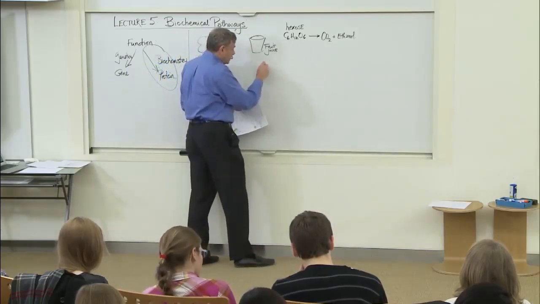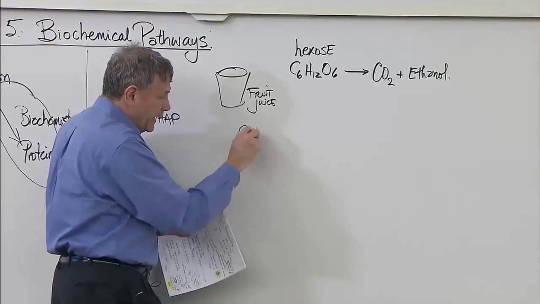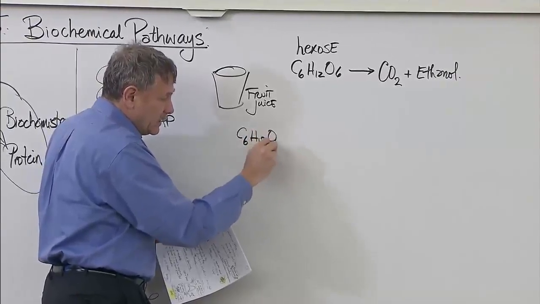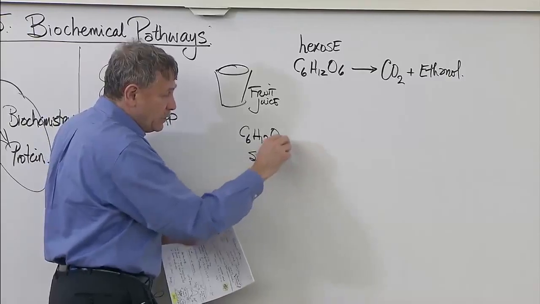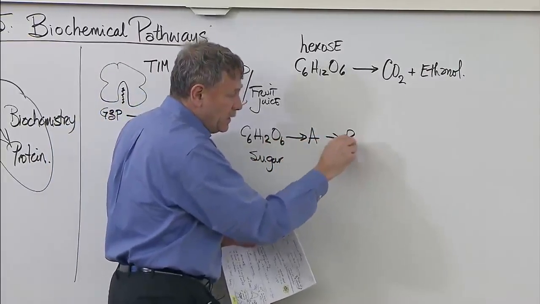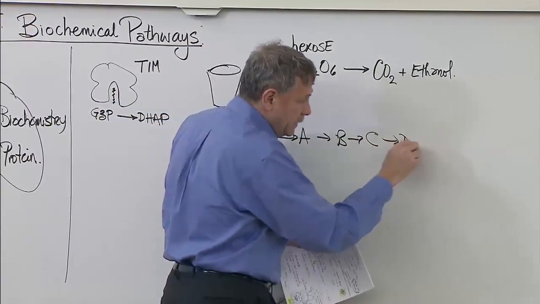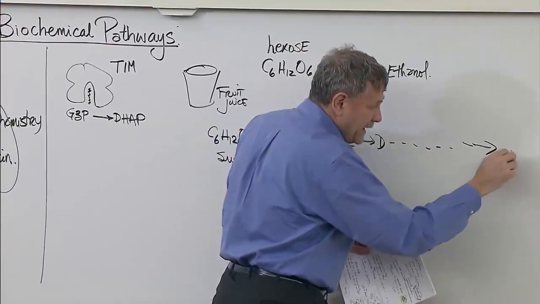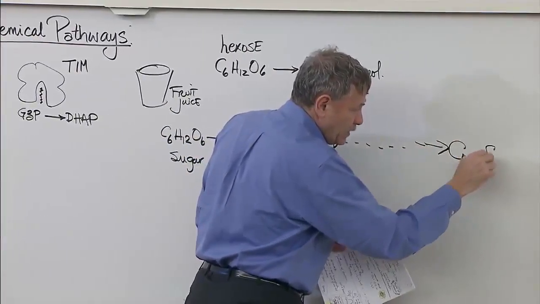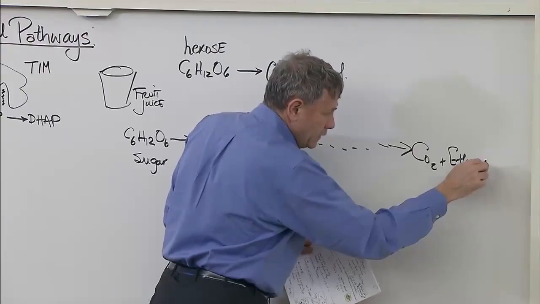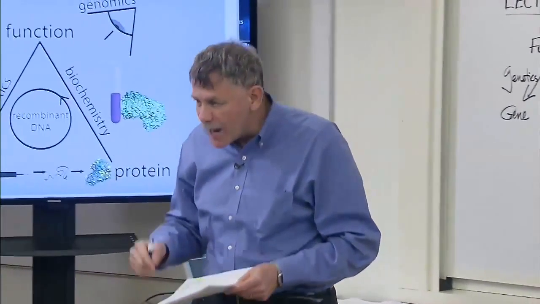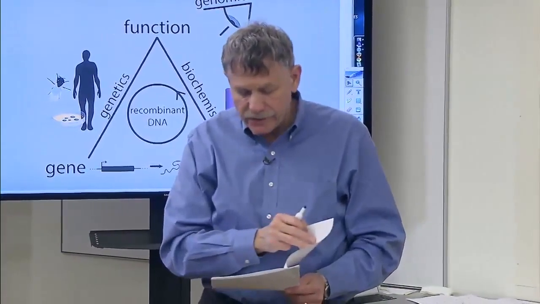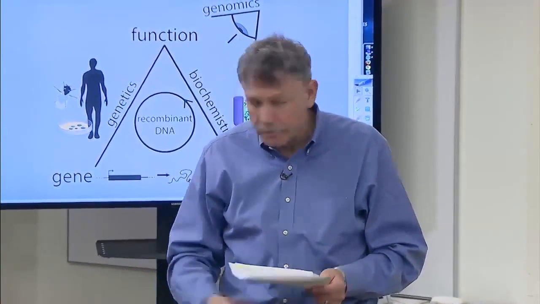It starts with our molecule, our hexose, C6H12O6, our sugar here, and it passes it through steps. A goes to B, goes to C, goes to D, until it finally gets to our final products here. That's a pathway. And what we want to do is understand the logic of pathways. How do pathways work?